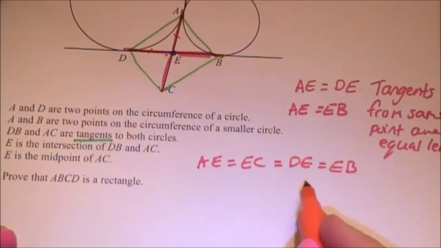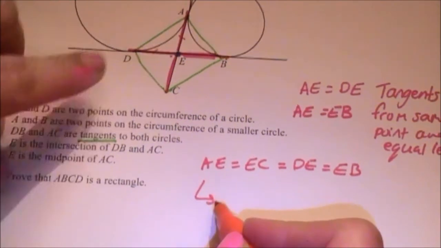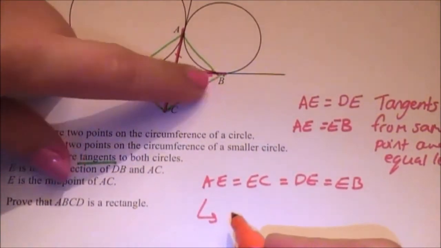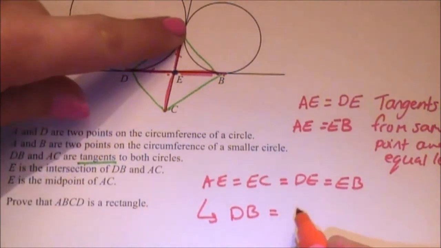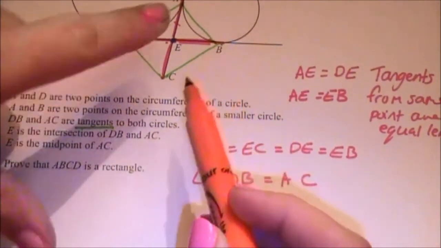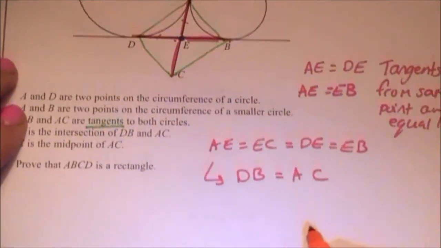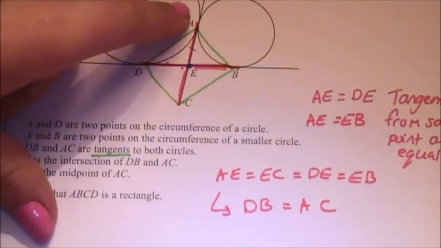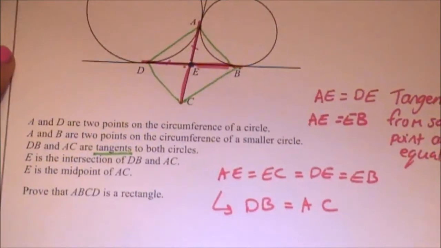Now, because all of those lengths are equal, what I can clearly say is that the line DB is equal to the line AC. And if DB is equal to AC and they're diagonals that bisect one another, then that confirms that any quadrilateral is going to be a rectangle.